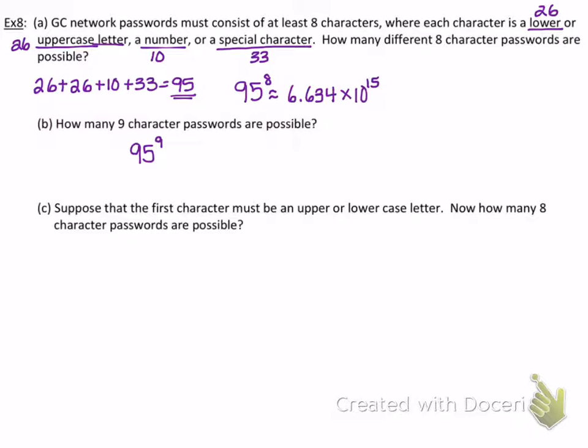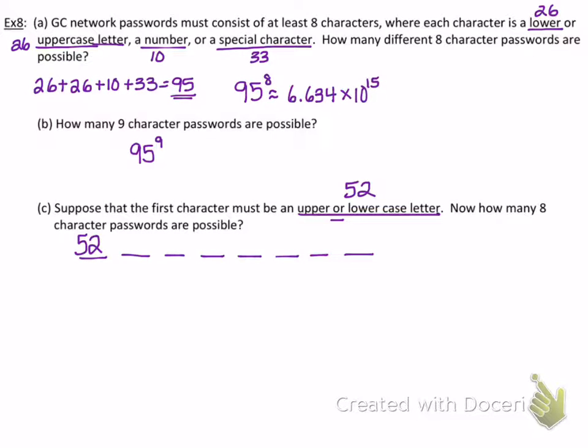Okay, so let's add something to it. Suppose the first character has to be an upper or lowercase letter. So if you have the choice between both, because it says or, then we actually have 52 to choose from. So out of the 8, the first one is limited to only 52 choices.